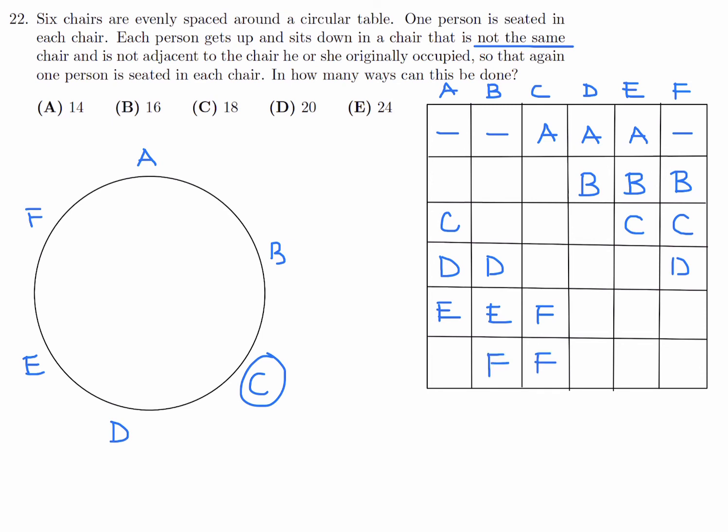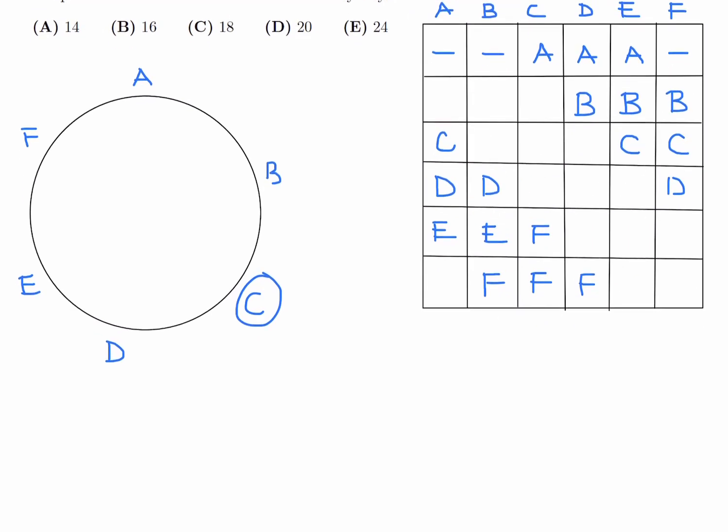Now what we have to do is look for the permutations. And we are essentially trying to figure out permutations so that we use one letter from each column.